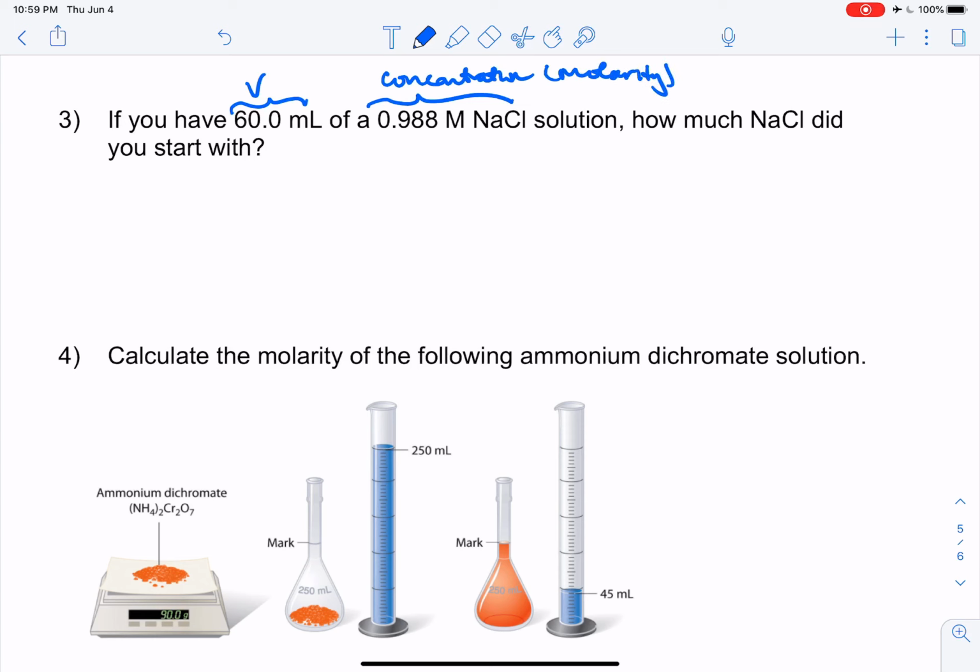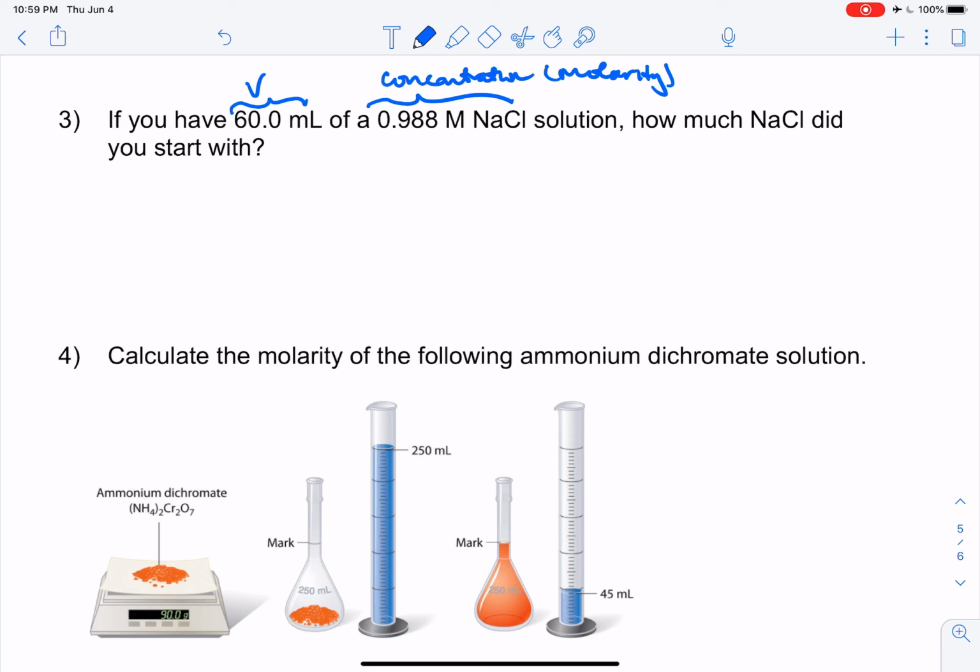So before we had the moles and we had the volume, and we did moles divided by volume to get the concentration, to get the molarity. But now we don't have the number of moles, which means we don't have the number of grams. We're given the concentration instead. So we have to work this one a little bit differently.